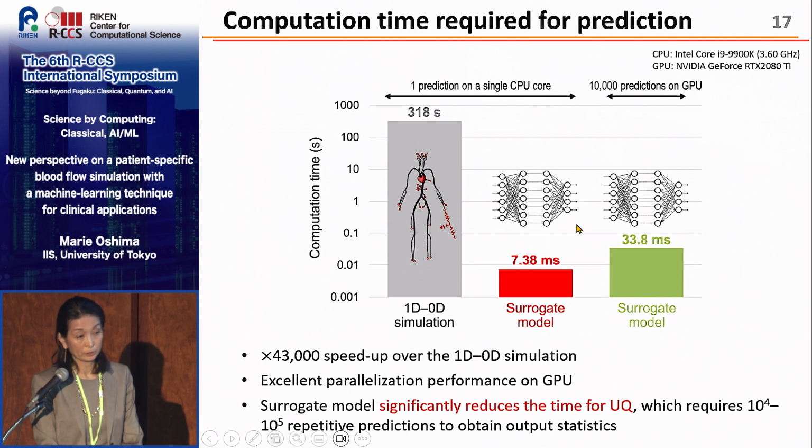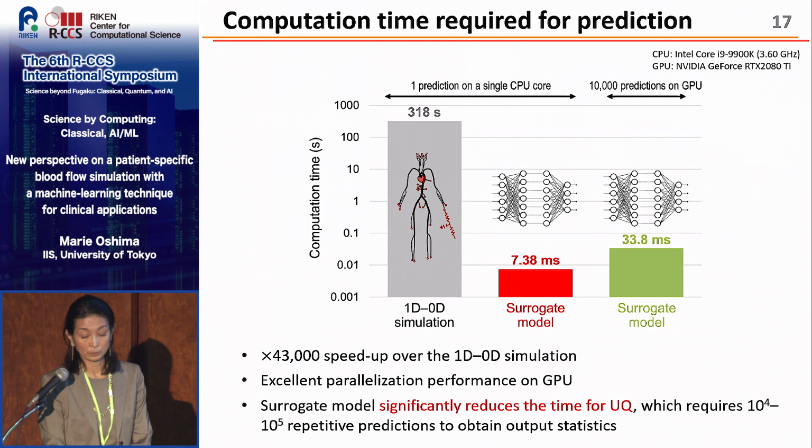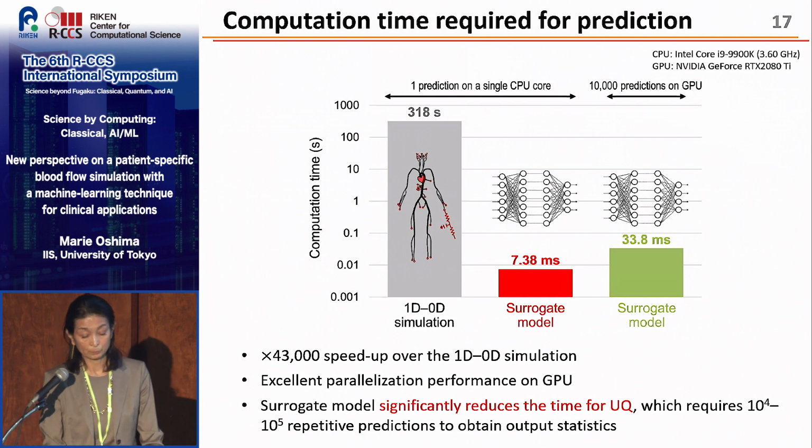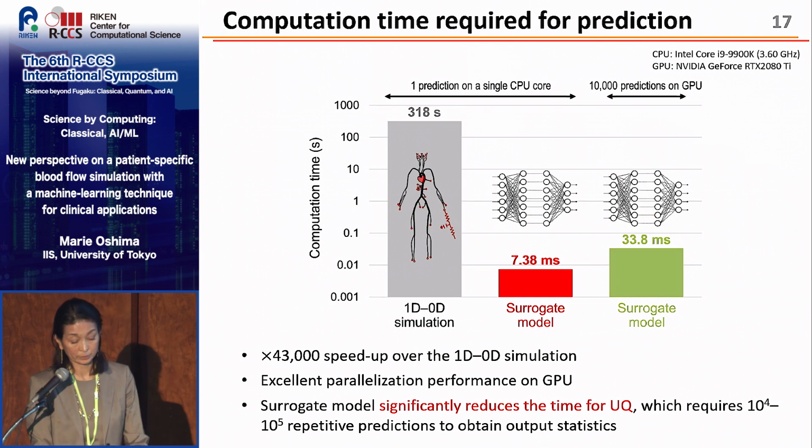1D, 0D simulation is very fast and very effective in computer time compared to three-dimensional simulation. But still, it takes about 5 minutes. If you wanted to try 200,000 simulations, it would take a tremendous time.